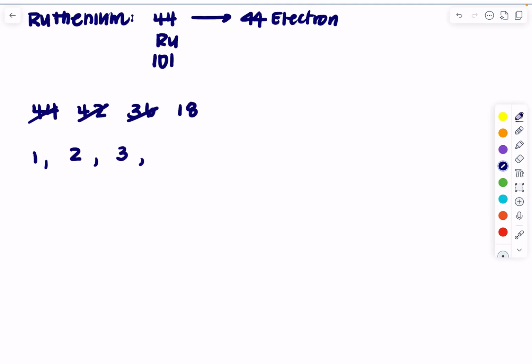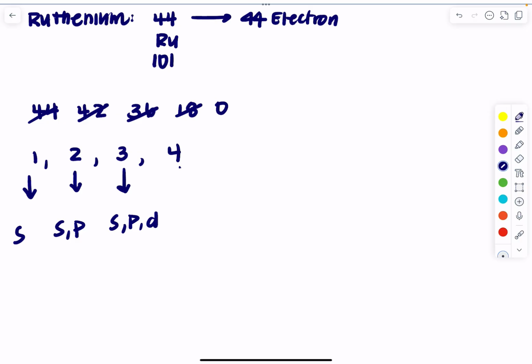And the fourth energy level can fit 32. So that means that we have 4 energy levels. In the first energy level, we have an s orbital. Second energy level, we have an s and a p orbital. Third, we have an s, p, and d. And in the fourth energy level, we have an s, p, d, and f orbital.